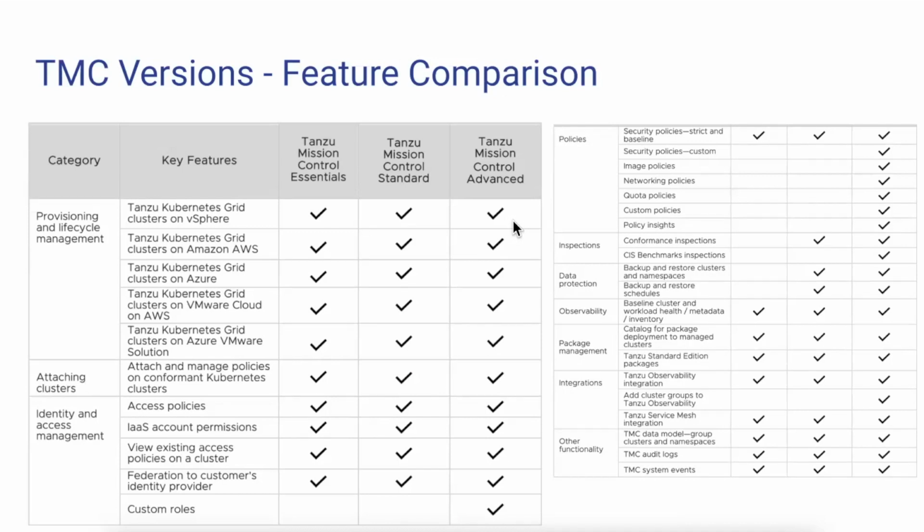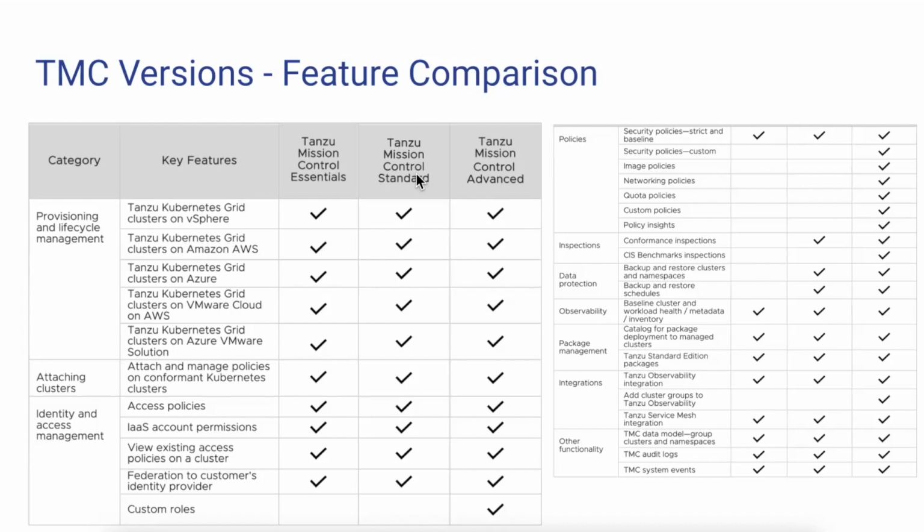Before I talk about the comparison, and I'll let you read it, the Essential is basically bundled primarily with VMC type services, right? Tanzu Mission Control Standard is bundled with the Tanzu Standard Bundle. So when you subscribe to the Tanzu Standard Bundle, you will get the Tanzu Mission Control Standard flavor.